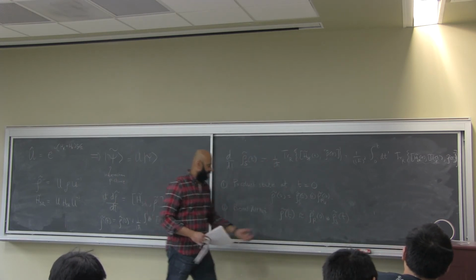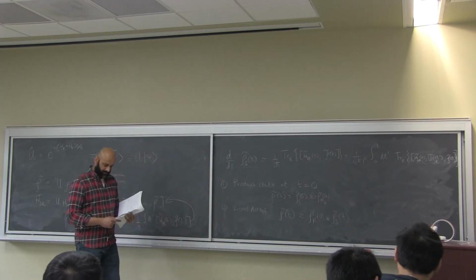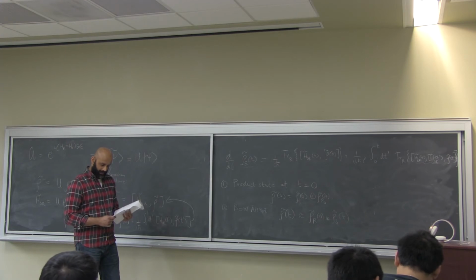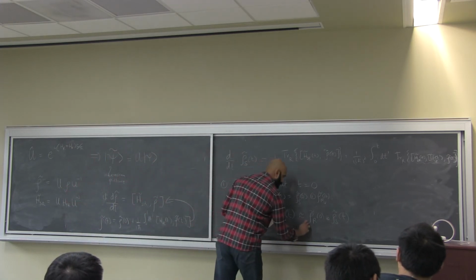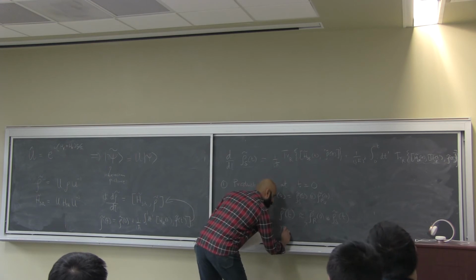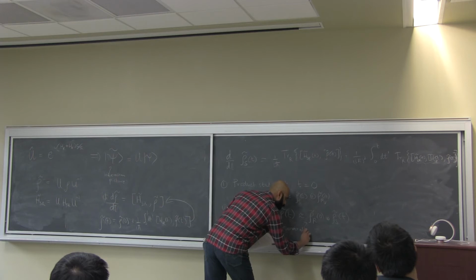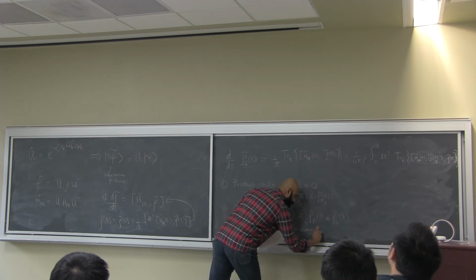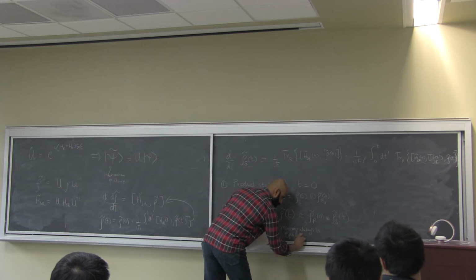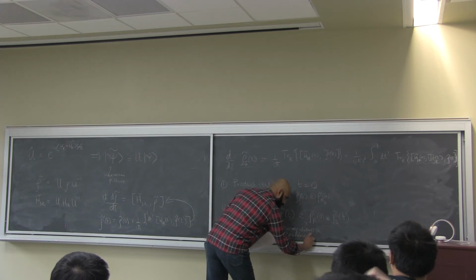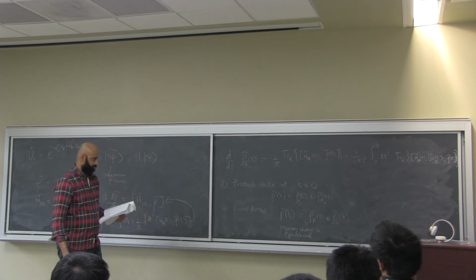The reservoir stays in its original state, rho r of 0, or you can equivalently say the reservoir is always in equilibrium. It doesn't change due to the system. Okay?